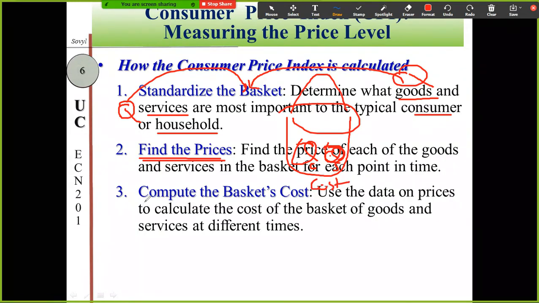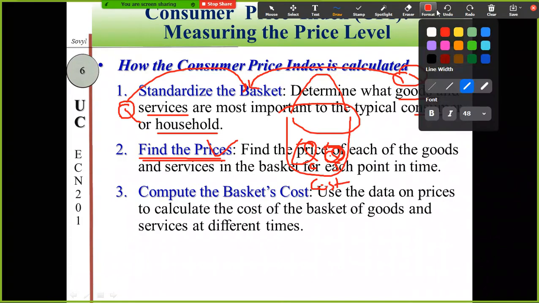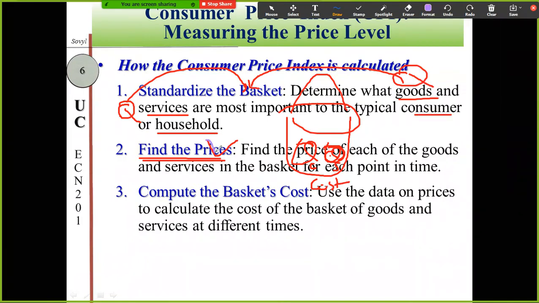So step 3, compute the basket cost. Using data on price from step 2 and the fixed basket from step 1, you can calculate the cost of the basket of goods and services at different points in time.